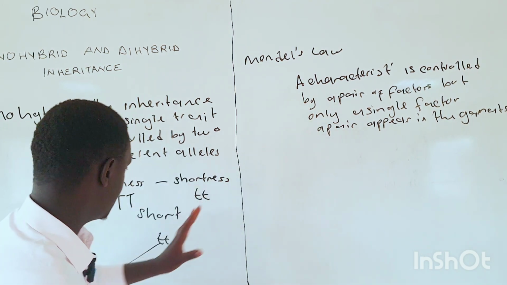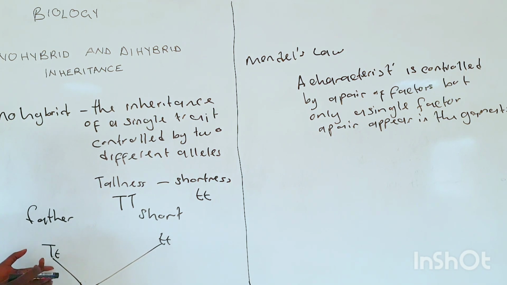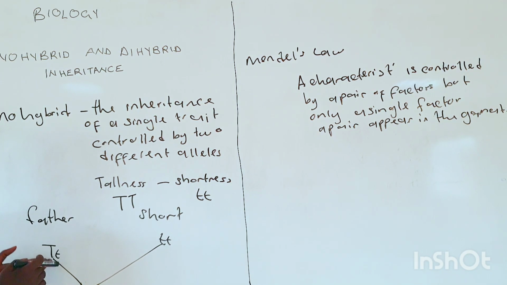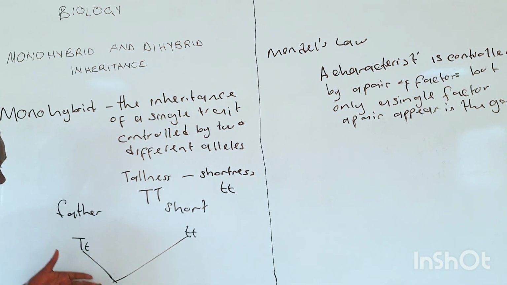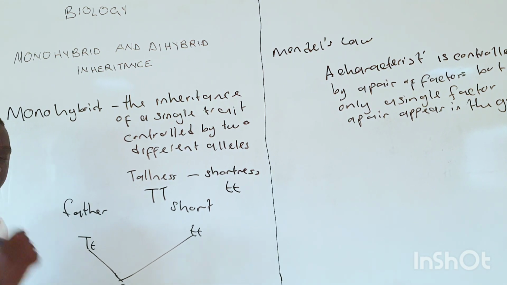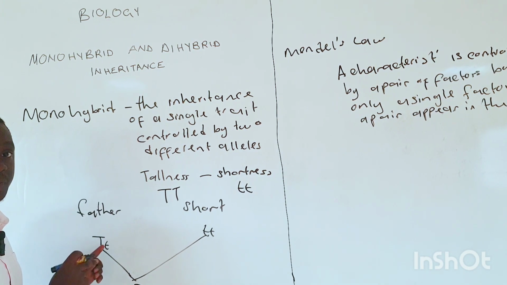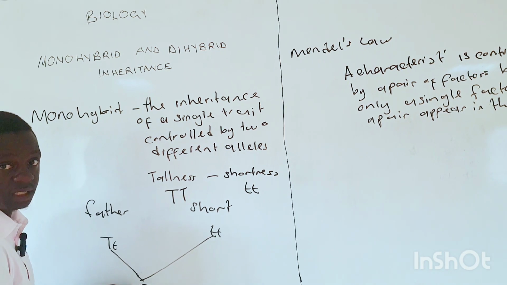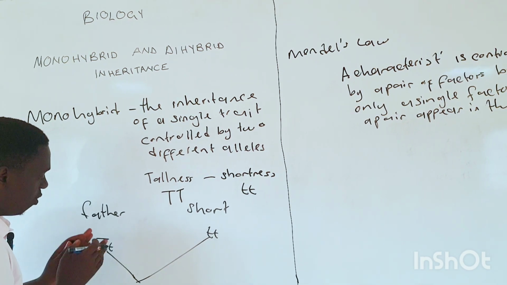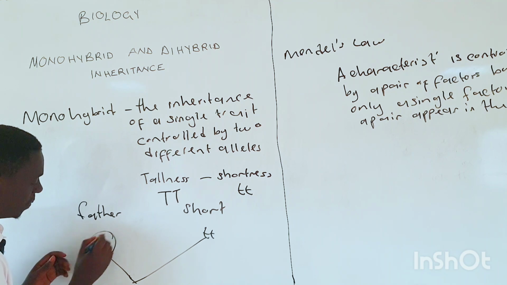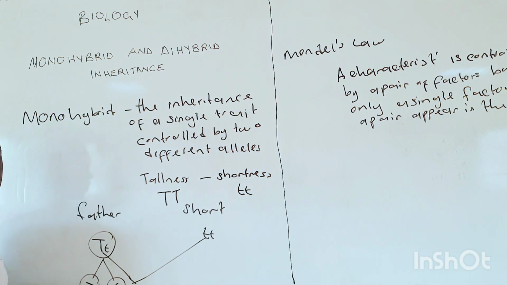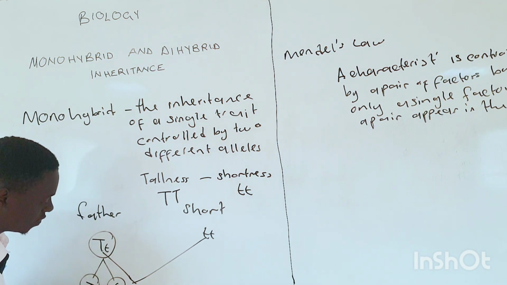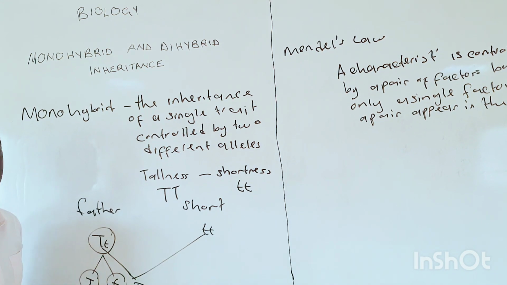For example, here we can see a father is tall, but being tall is controlled by two genes in the body. Now, during reproduction, only one of this pair of genes is transferred to the offspring. For example, a parent may produce only T, a single T. This single one is what is going to be transferred to the offspring.